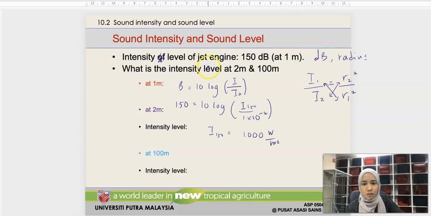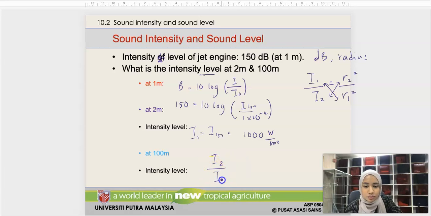Okay, so now it's asking what is the intensity level at 2 meter and 100 meter. So before I can find the level, I must find the intensity at the different radiuses, right? So what is the intensity? This is actually I at 1 meter radius. We want to find out what is the intensity at 2 meter.